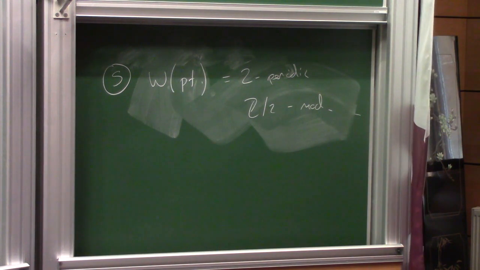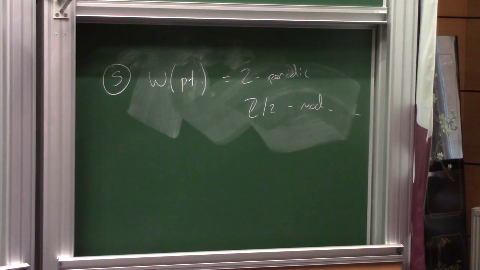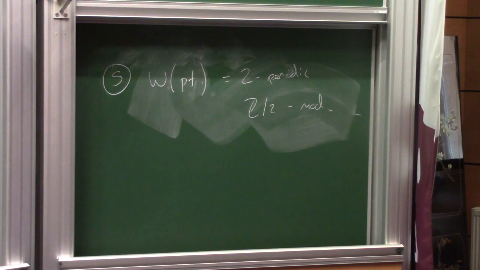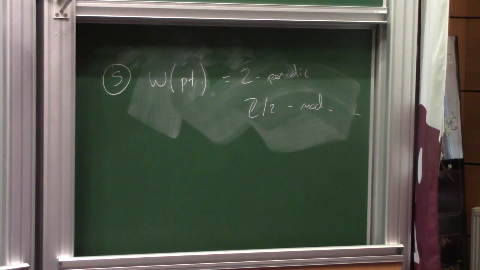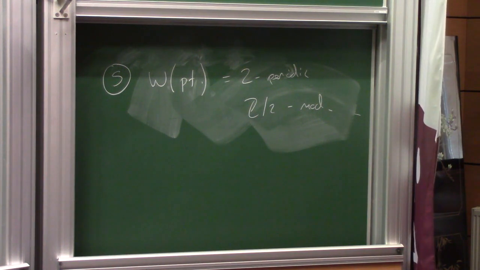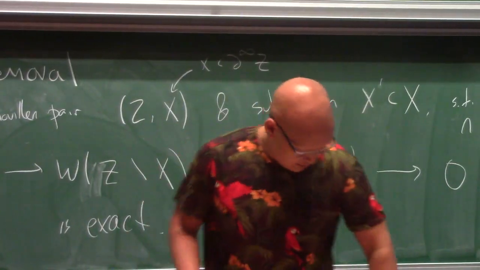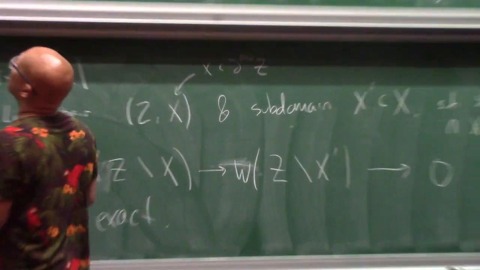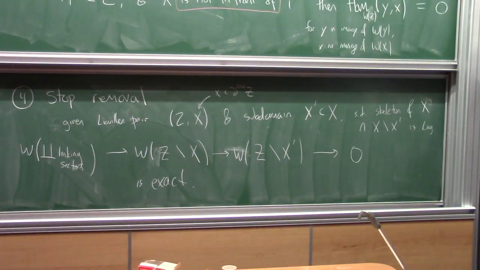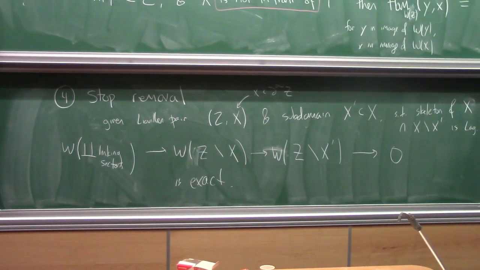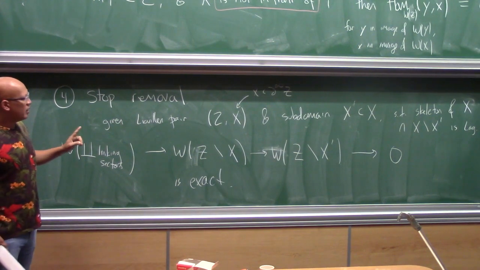And you'll see from a calculation I'll make that two periodic is actually forced upon me, but Z mod 2 modules maybe it's not. I just don't want to care about orientations. Are you lazy? No. Why Z mod 2?